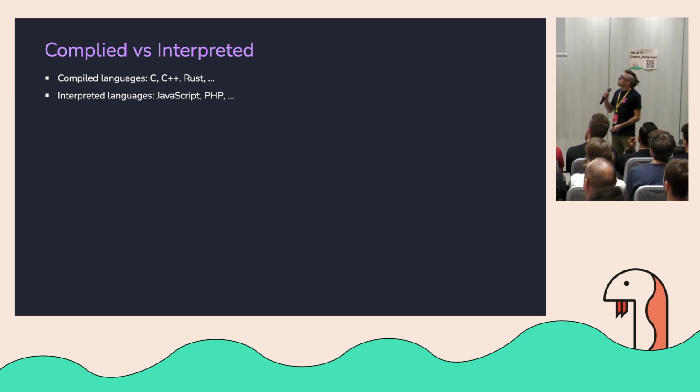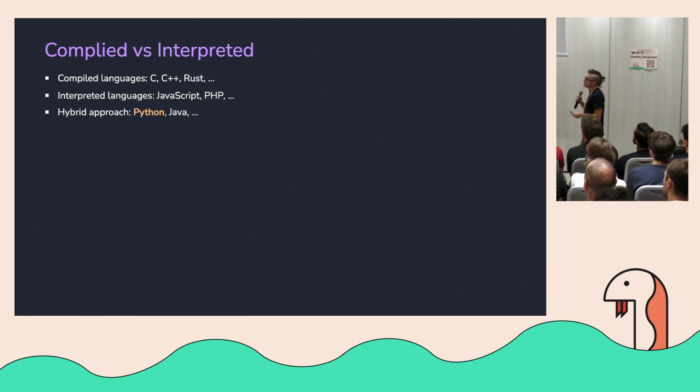Interpreted languages like JavaScript, PHP are a bit different because they compile each line one at a time during the execution. As you might notice, there's no Python in the example because Python is a hybrid language. First, it compiles into bytecode, which is an intermediary language, and then it interprets the bytecode.